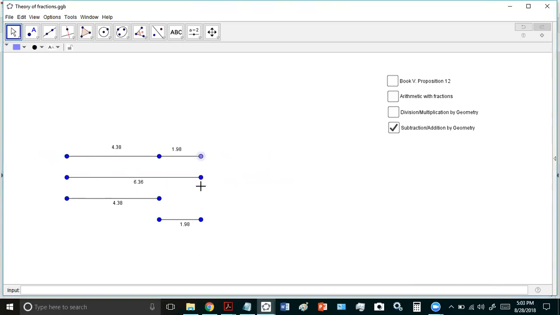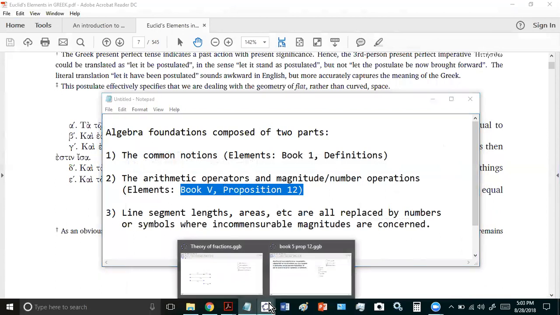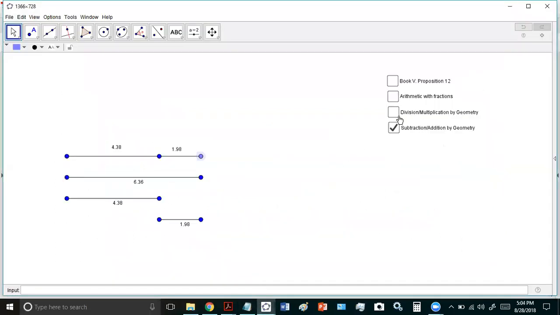So addition and subtraction are defined geometrically. Right. So we don't even have number at this stage. And this proposition here in book 5 is the most important proposition, because it defines all the arithmetic operations in terms of similar triangles. And if you look at, I have the theory of fractions here. Is it this one?